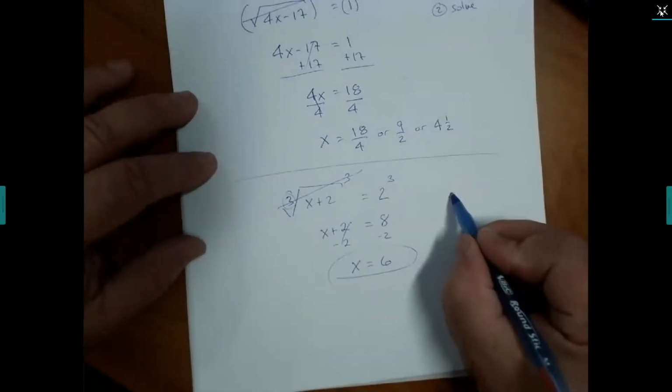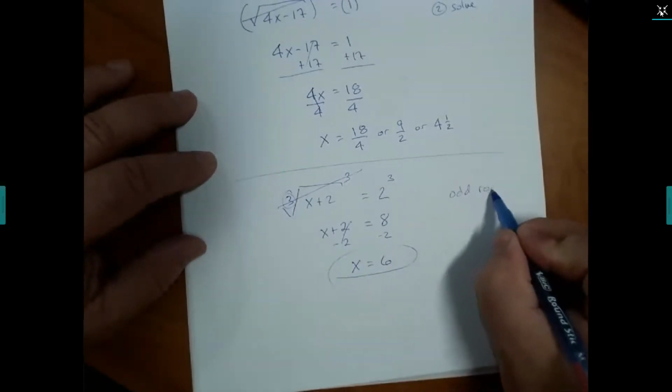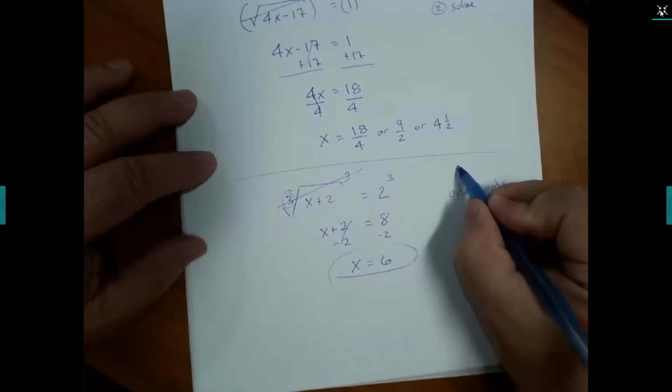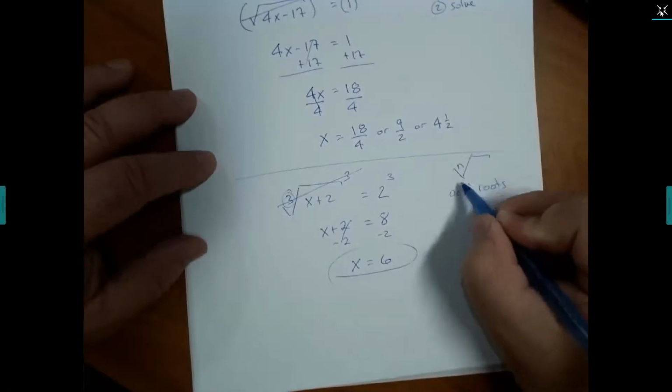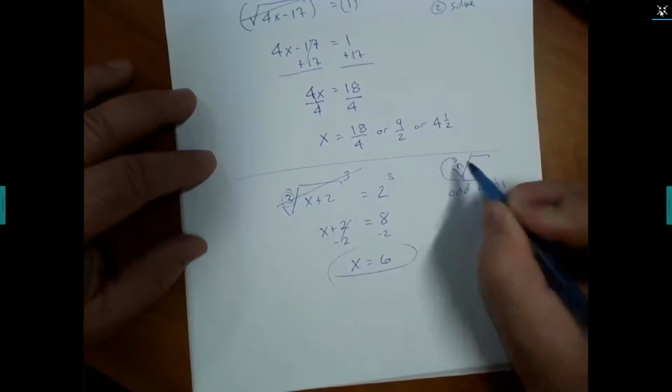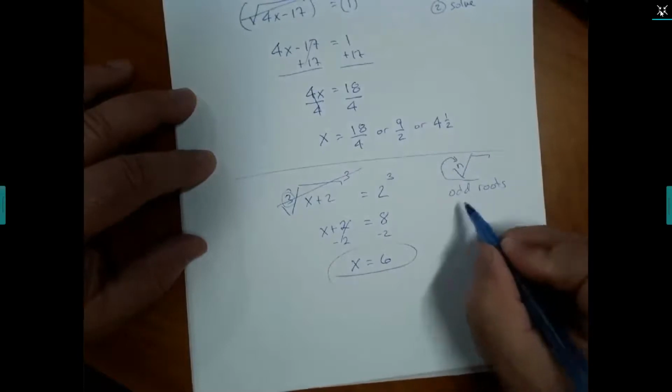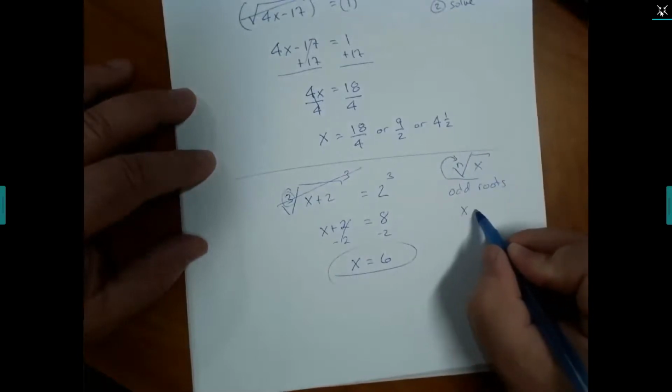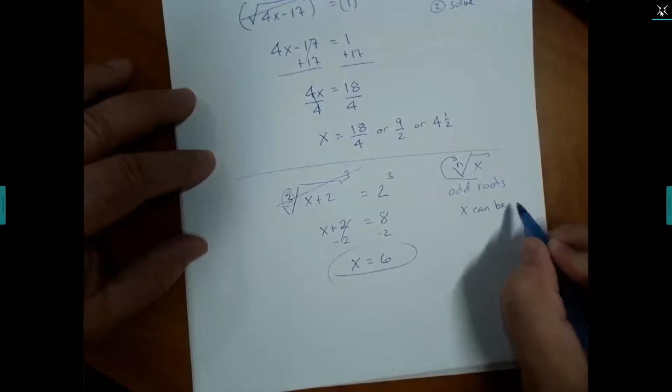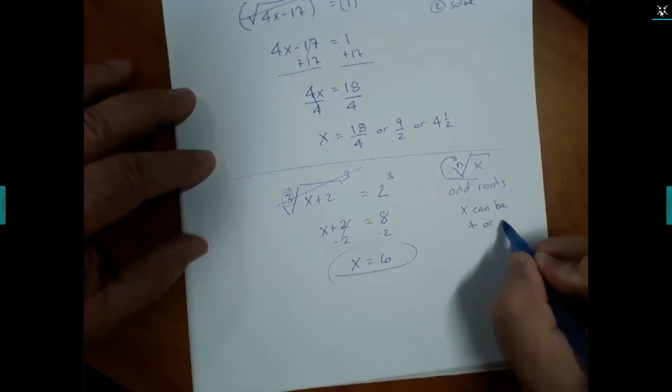For odd roots, these are the roots. That's called a root. X can be positive or negative.